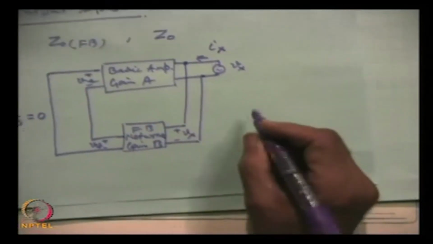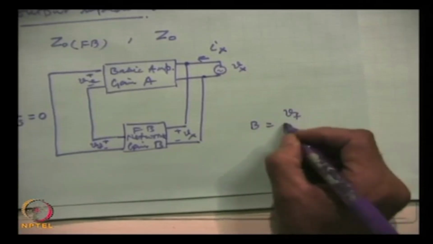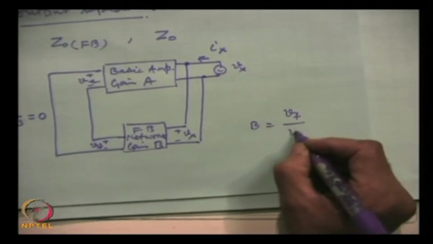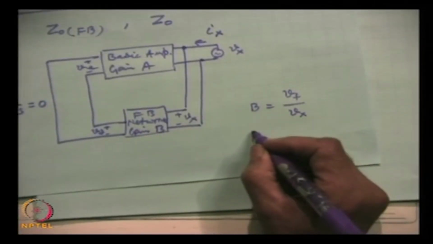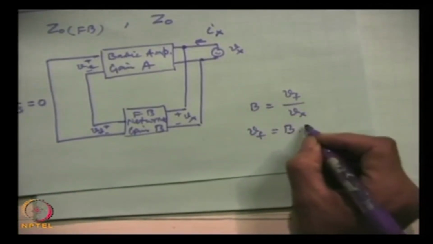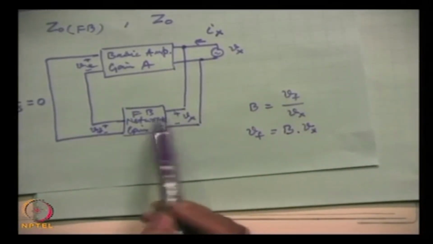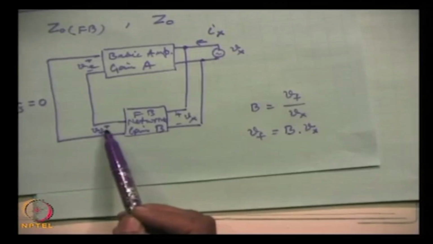So, obviously, the output is V f, and the input is V x. So, V f is equal to B into V x. This is the input to the feedback circuit, and this is the output.